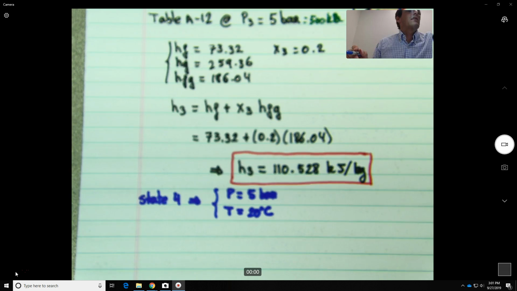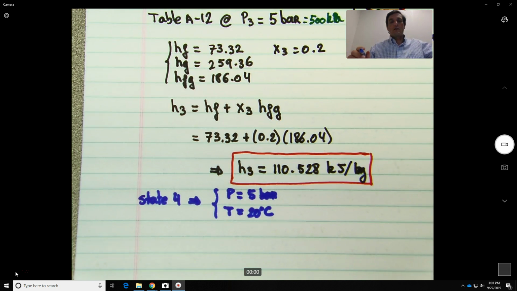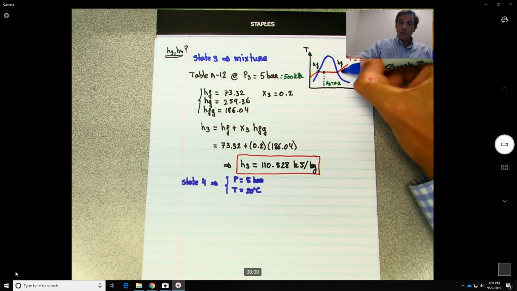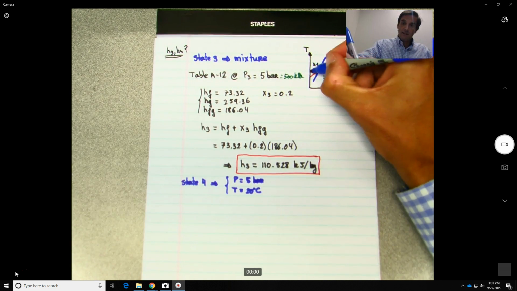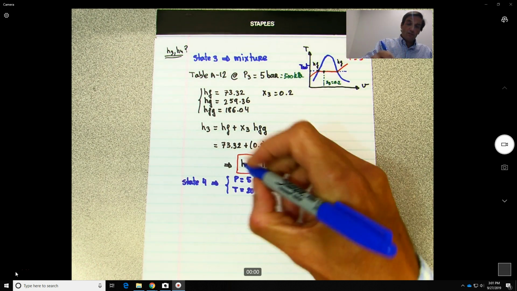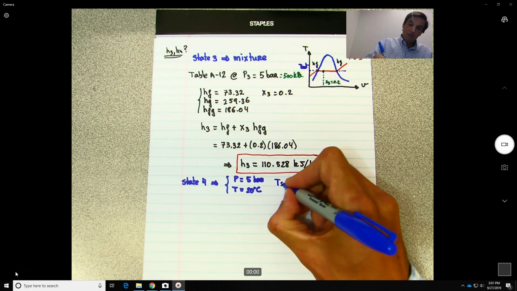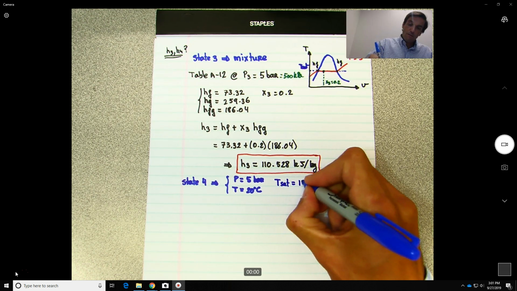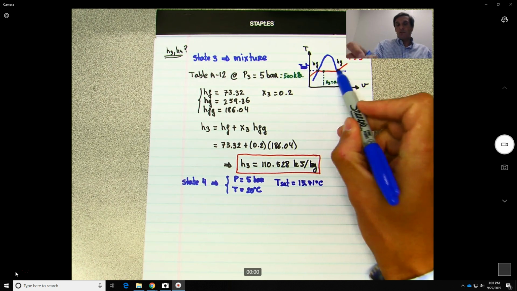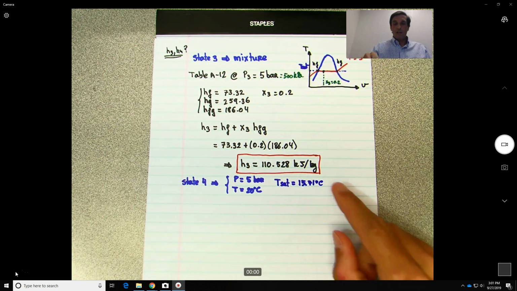So what does that mean on the figure? That means here that the temperature along this line is T saturation. So at this point we have T saturation is equal to 15.71. So it's the line where it's constant. However, we know that the temperature is 20.